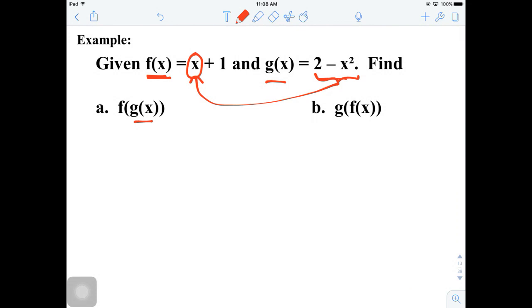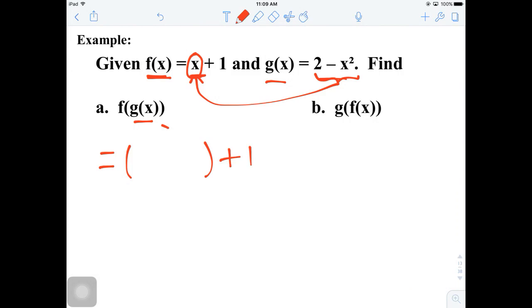We know that f of x is equal to x plus 1, right? Next, I'm going to rewrite this using parentheses to represent x. So it's parentheses plus 1.